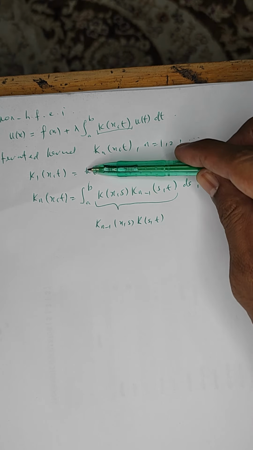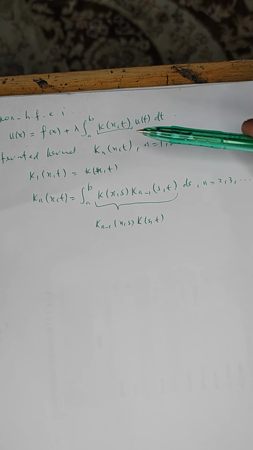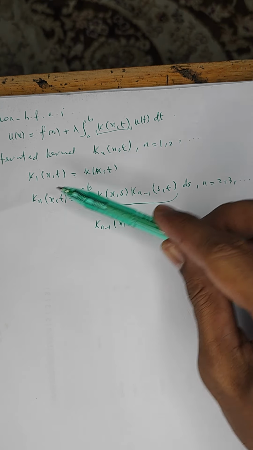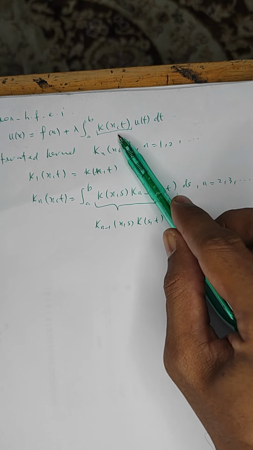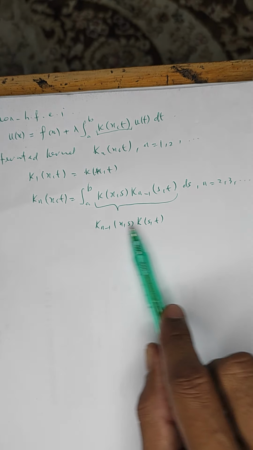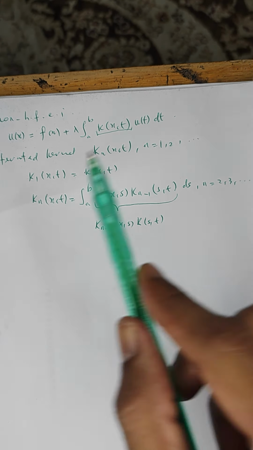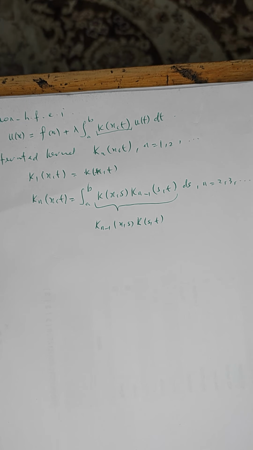This is the iterated kernel. Remember that we write K_1 as the first kernel, that is k, and then K_n is given by this. Having this definition in mind, we can find K_2, K_3 and so on.